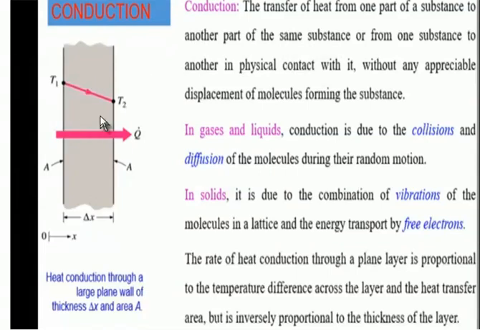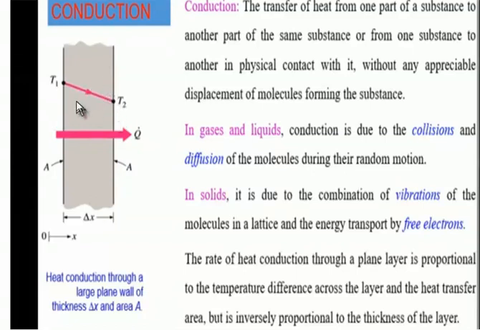If you consider this is one substance, heat moves from one part of the substance to another part of the same substance. Or sometimes the heat is transferred between two different substances when they are in contact with each other.